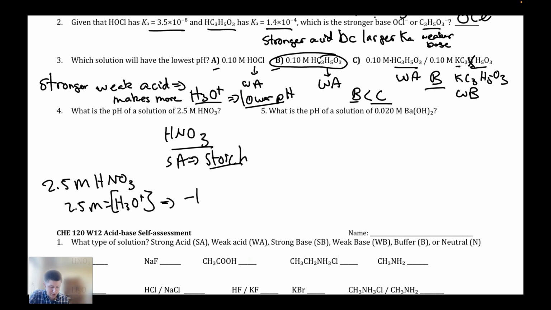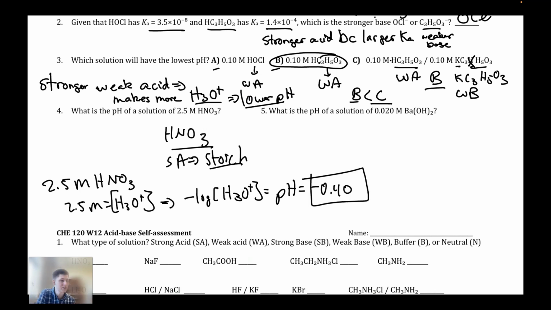And so we can just use negative log H3O+ is equal to pH, and when you do that, you get negative 0.40. There's nothing wrong with that. Perfectly acceptable to have a negative pH. It just means that you have a concentration of H3O+ greater than 1 molar.